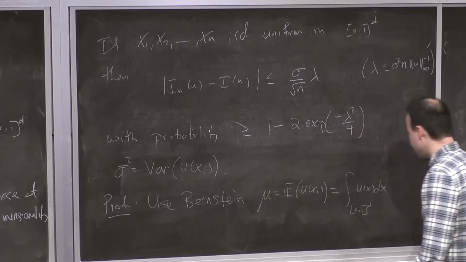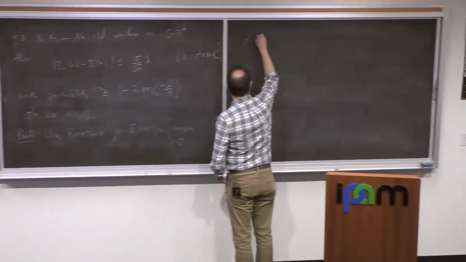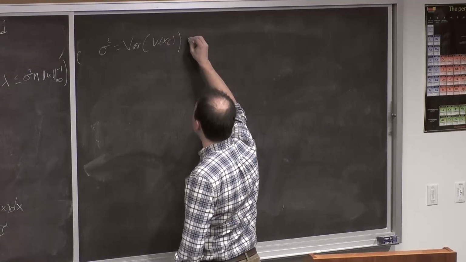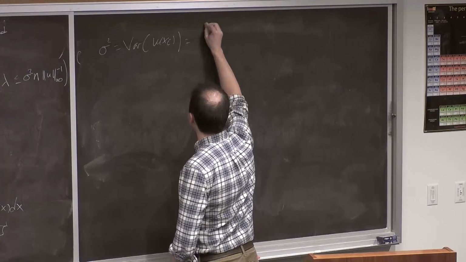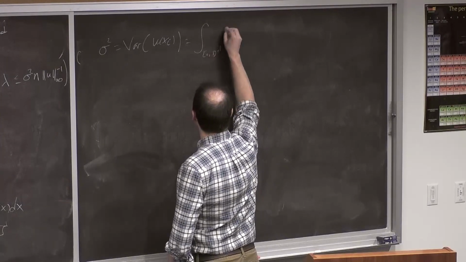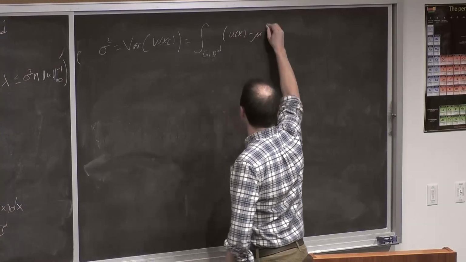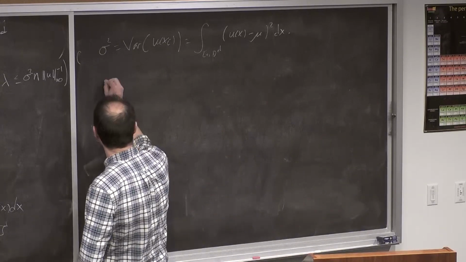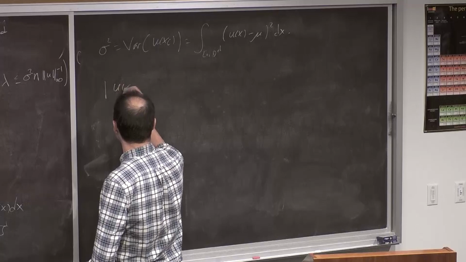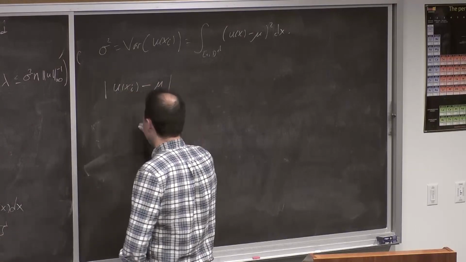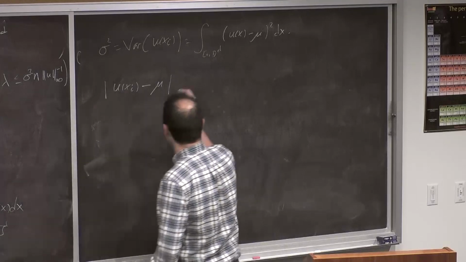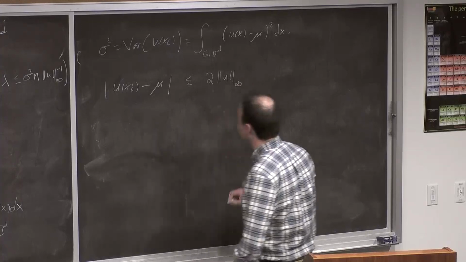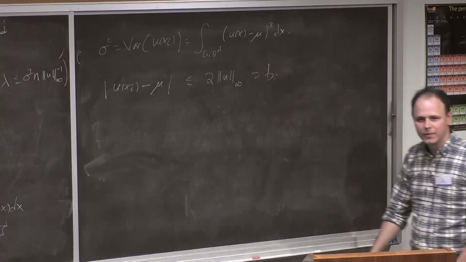And the variance, if you want to write it out, is just the integral over the box of u of x minus its mean, squared. Then you want a bound for u of xi minus its mean; this is what we call b in the Bernstein bounds. It can be bounded by 2 times the infinity norm of u. That's what I use for b.